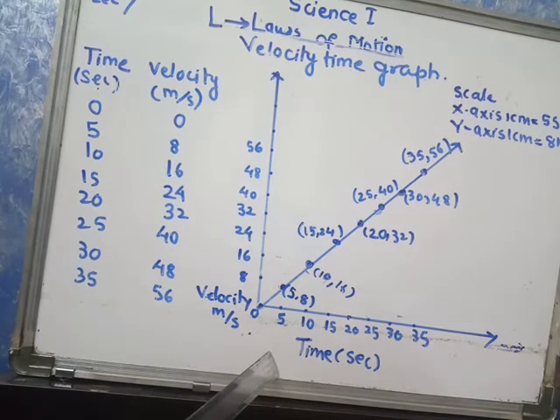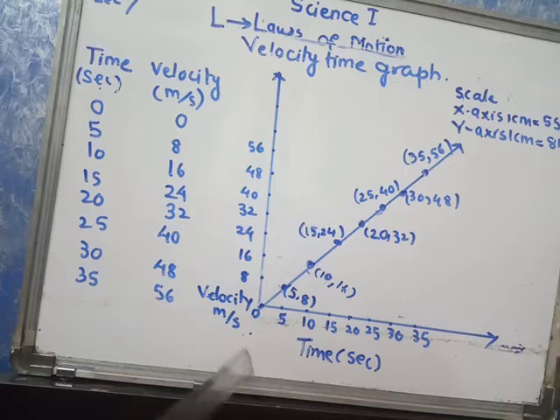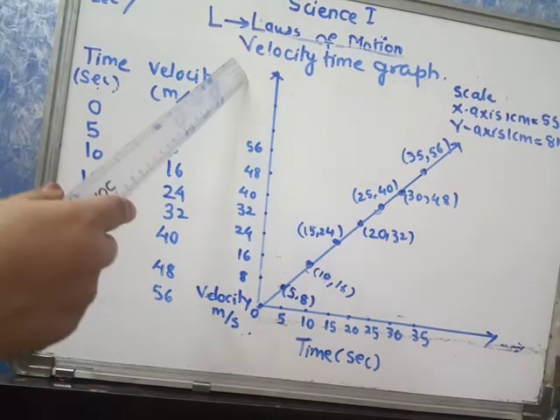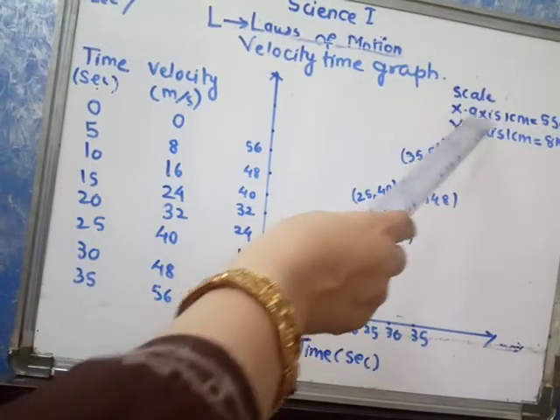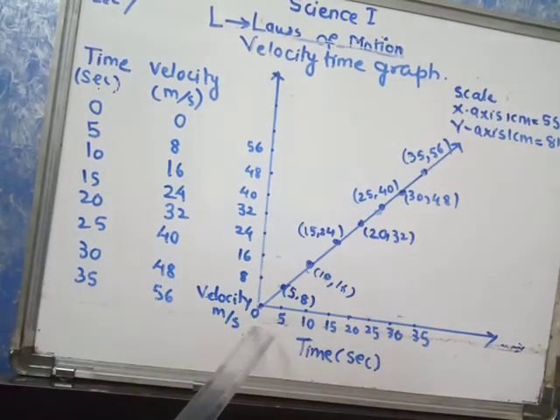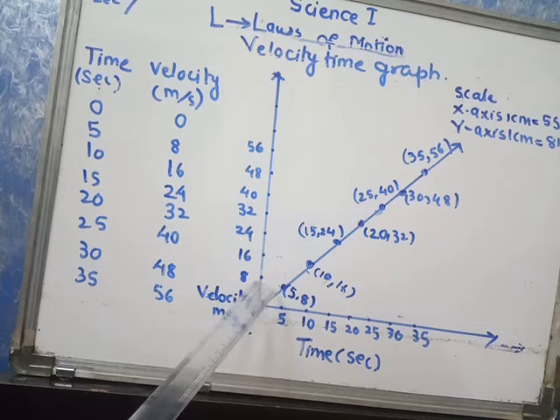We take time in seconds on the x-axis and velocity in meters per second on the y-axis. The scale is: on the x-axis, 1 centimeter is taken as 5 seconds, and on the y-axis, 1 centimeter is equal to 8 meters per second.